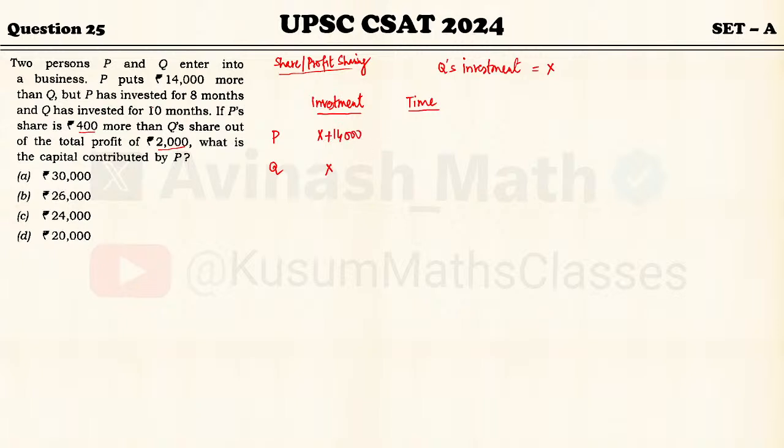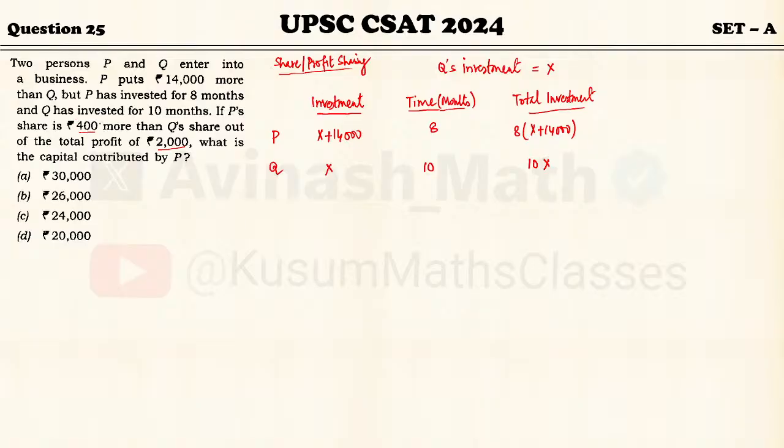And P has invested for 8 months. The time is in months. This is 8 months and Q has invested for 10 months. Then total investment is 8 into (X plus 14,000) and this is 10X, right?